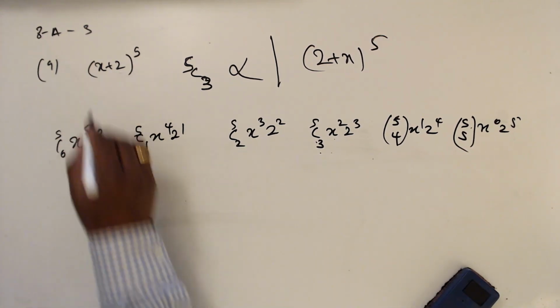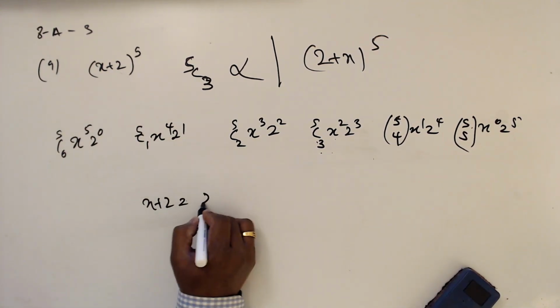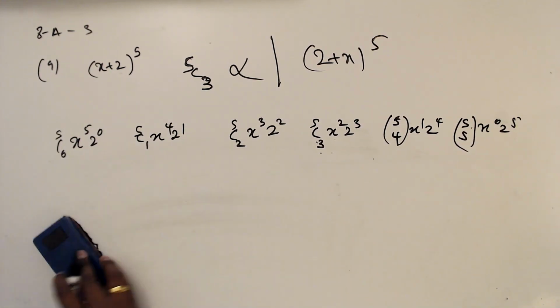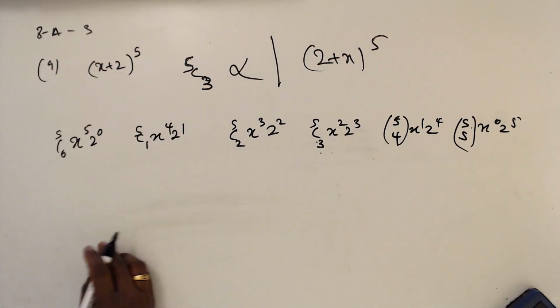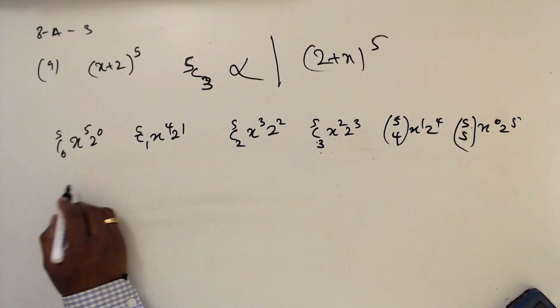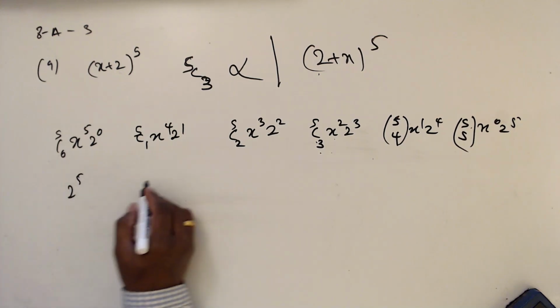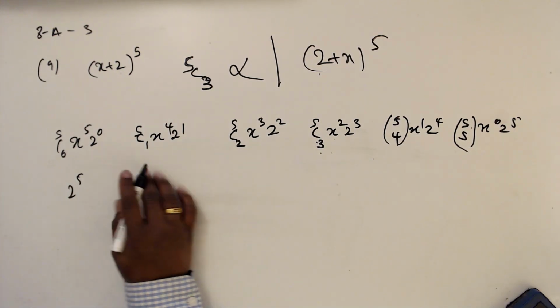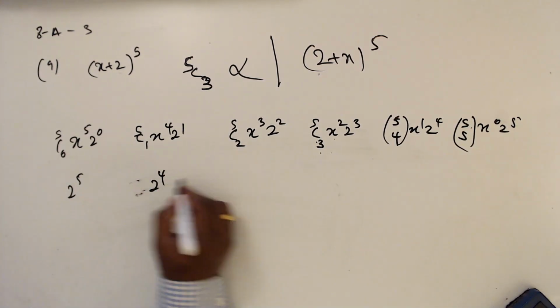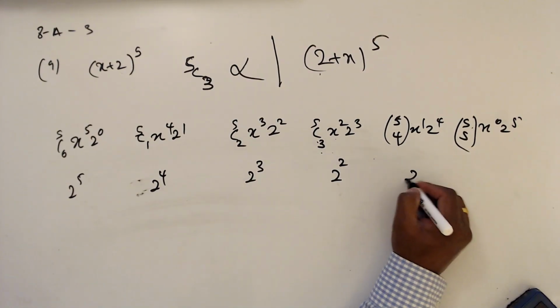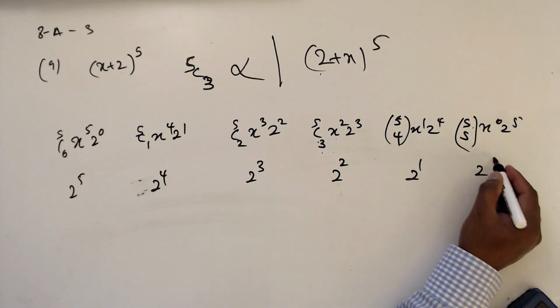Hence, this is x plus 2, you can write 2 plus x. So now, let's expand 2 plus x. 2^5, 2^4, 2^3, 2^2, 2^1, 2^0.